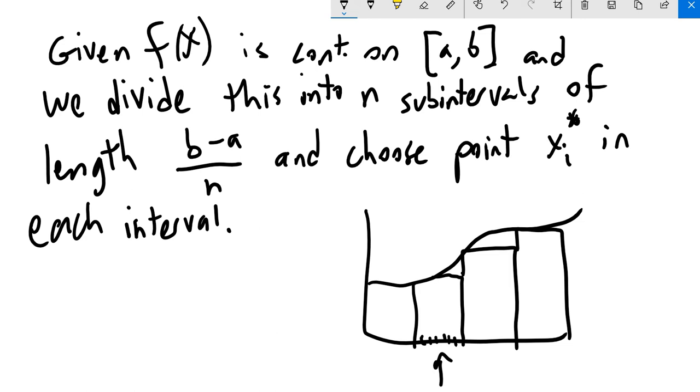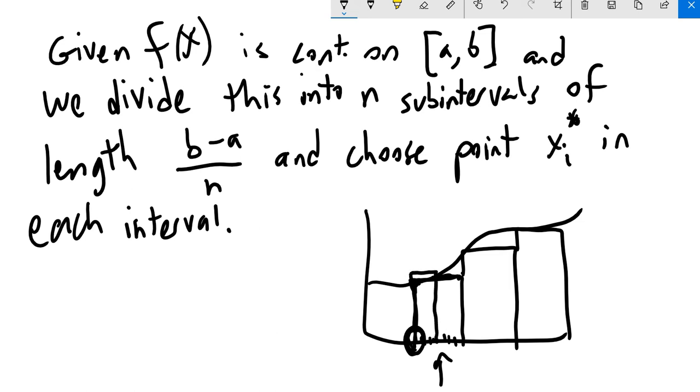We can choose any one we want. And then what we're going to end up doing is making our rectangle the height of f of xi star. So in this case, I actually chose my point to be the very left end, because that is the point I'm choosing to go for my height. But I could have picked my height to be this one if I wanted.